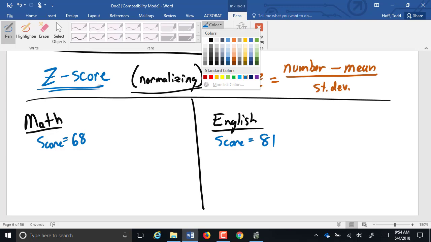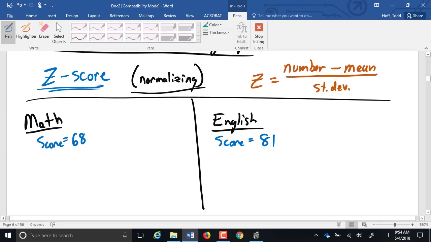Which test did you do better on? Well, it's really easy to say the English, right? But that could have been an easier test. So to compare, what you really need to do is compare back to all the other people that have taken each of those tests. So let's say of all people who took the math test, the mean score was 62 with a standard deviation of 4.